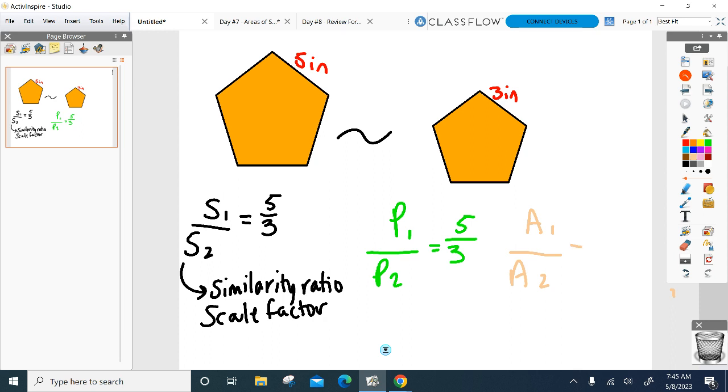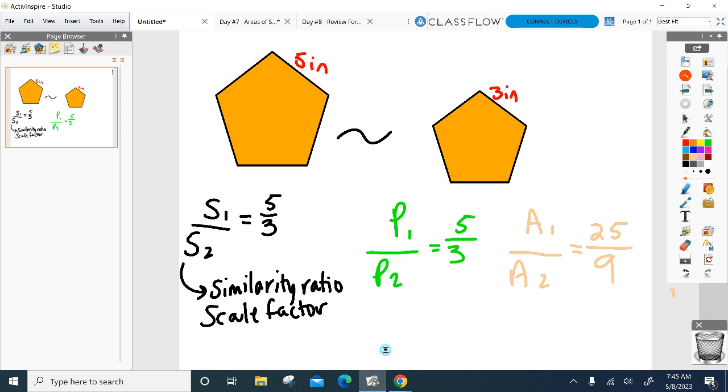But what I can tell you is if I square my side ratio or even the perimeter ratio, it's in some type of ratio of 25 to 9. Again, that doesn't mean that the big one has an area of 25 and the small one has an area of 9. All it means is whatever the areas are, I put them over each other, they would reduce down to 25 over 9. All good.